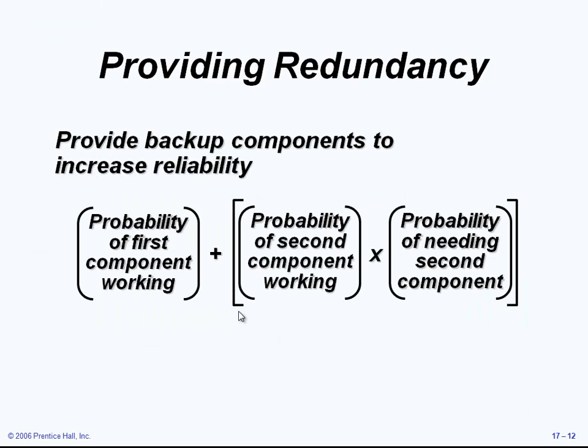When we provide a backup component, we can actually increase reliability. So the reliability in this case will equal the probability of the first component working plus the probability of the second component working times the probability of needing that second component, which will equal in this case 0.96.